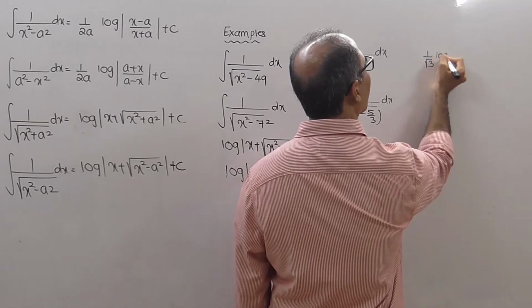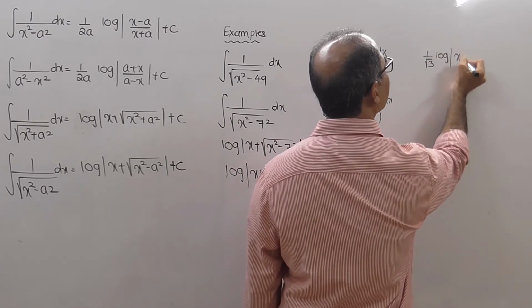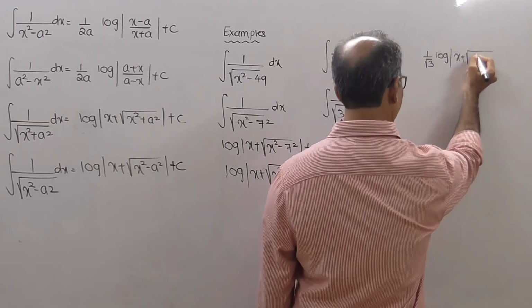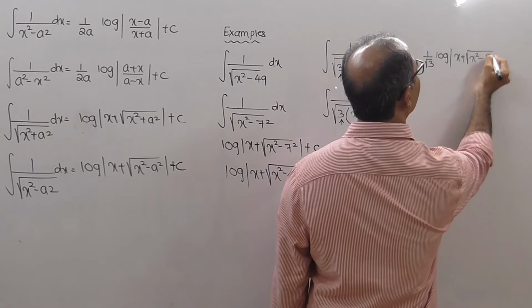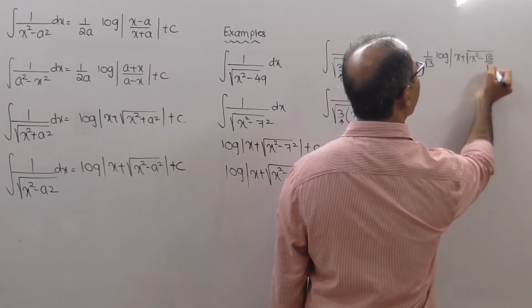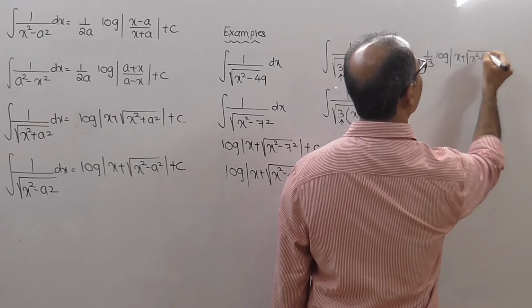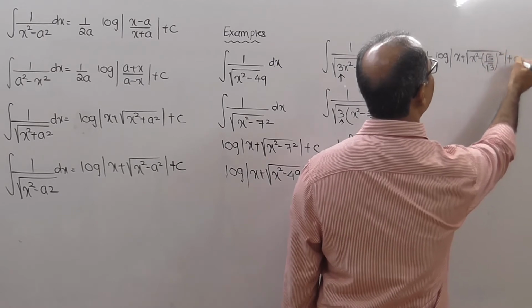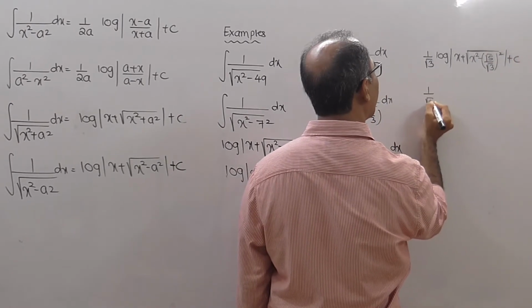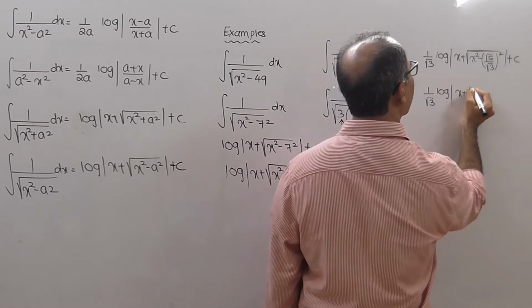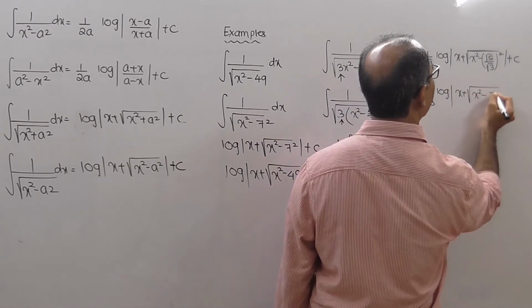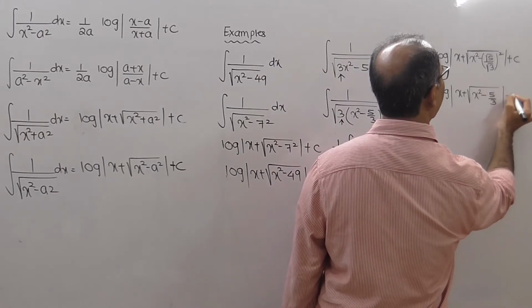The answer will be log modulus x plus root of x square minus (root 5 upon root 3) the whole square plus c.